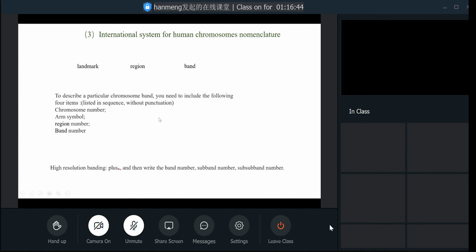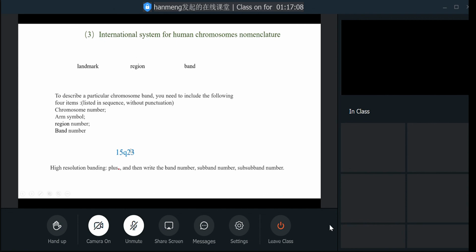So here is 15q23. It means chromosome 15, with the long arm. P is the short arm, Q is the long arm.